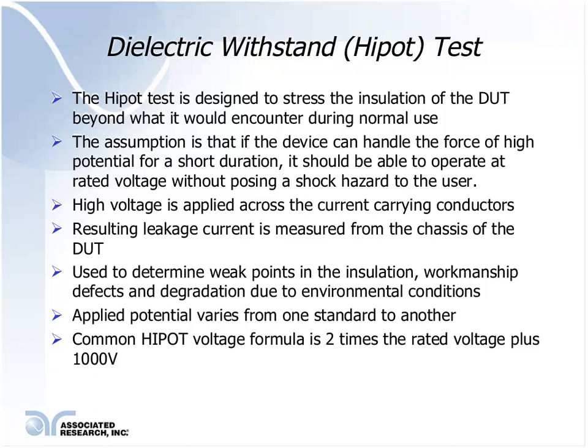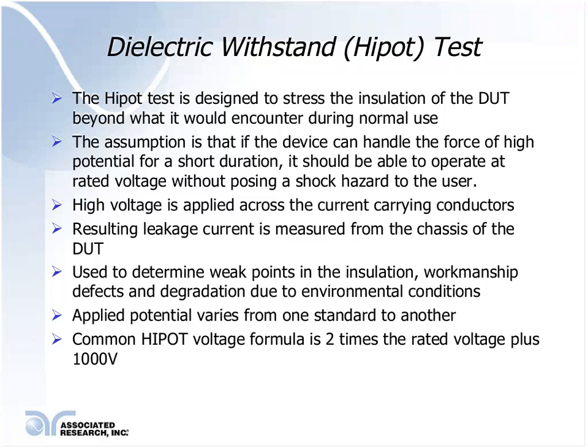Now, how this test is run: it involves applying high voltage across the current carrying conductors. Basically, you can short line and neutral, or plus and minus, with a return point on a conductive chassis of the device under test.